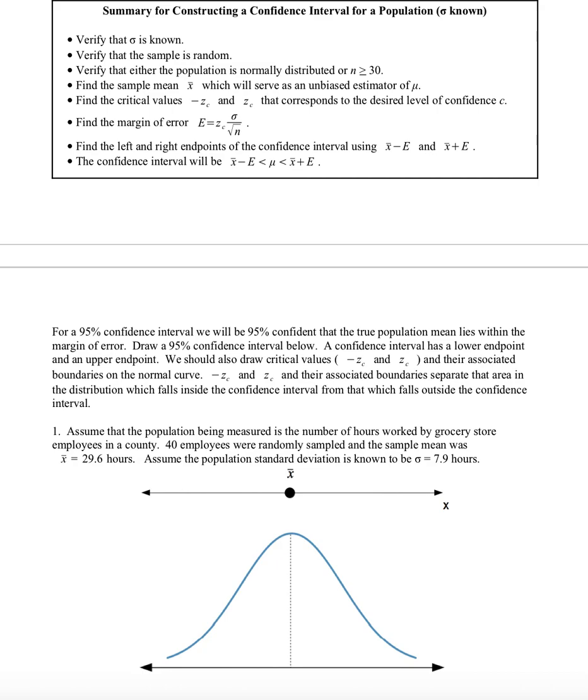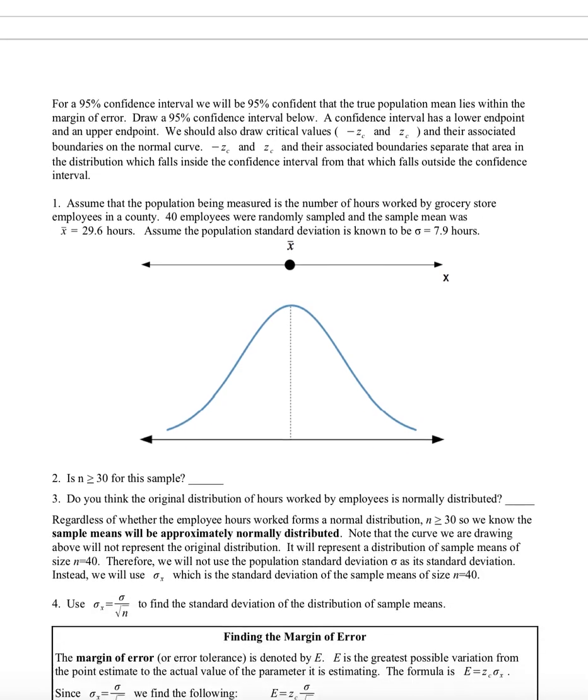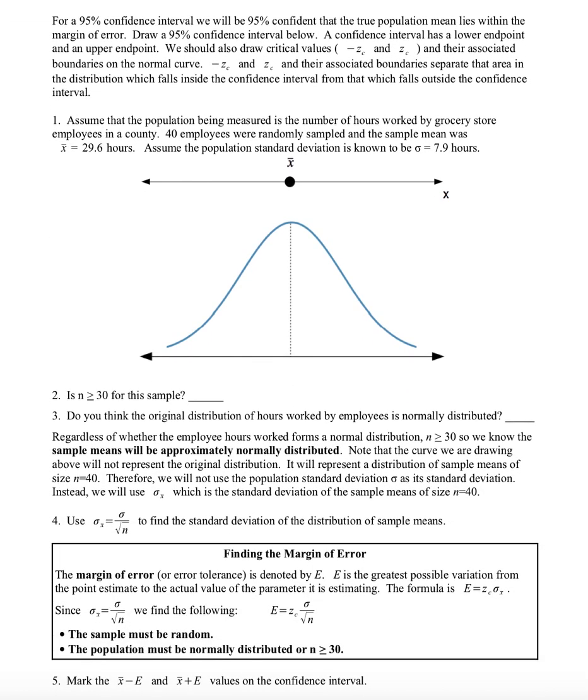Finally, we'll find the left and right endpoints of our confidence interval by subtracting the margin of error and adding the margin of error. For a 95% confidence interval, we'll be 95% confident that the true population mean lies within the margin of error.